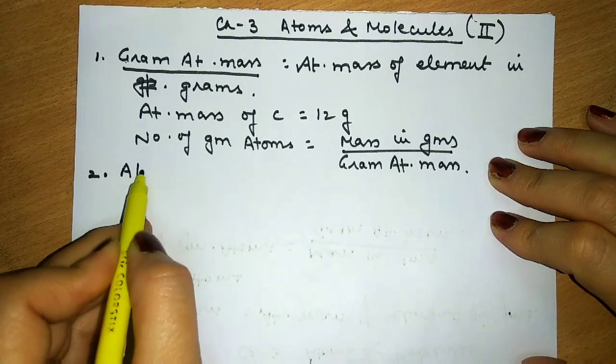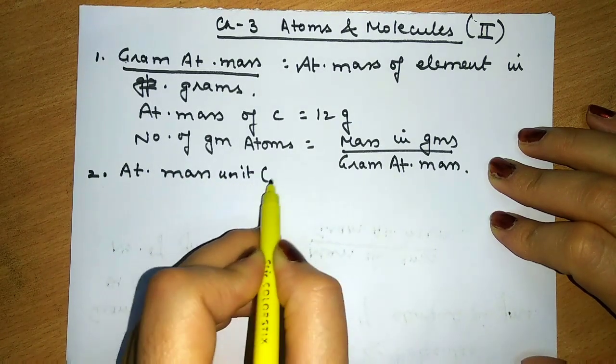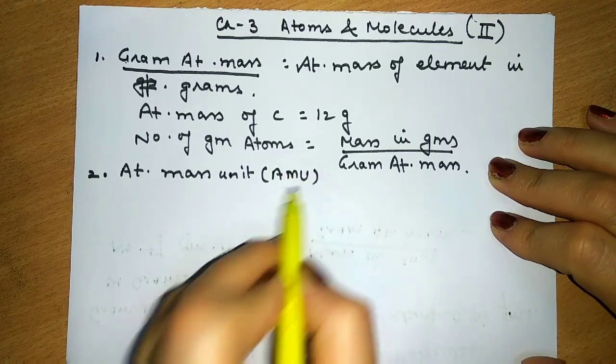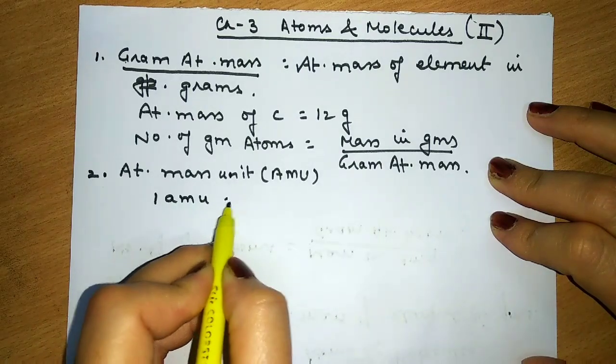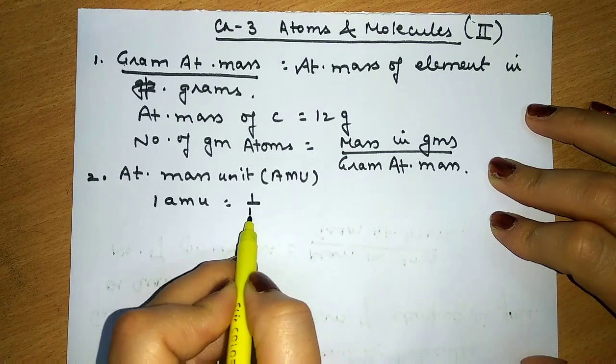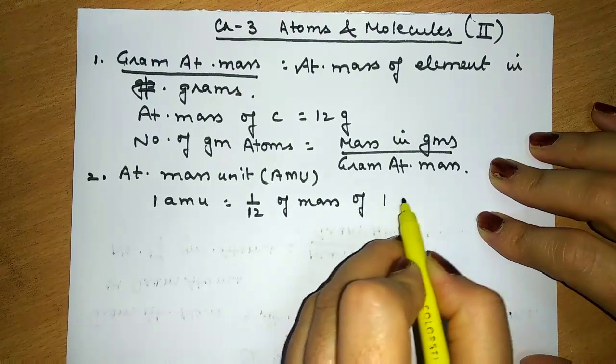The next definition I have is atomic mass unit. We generally call it AMU. What is this? 1 AMU is basically 1/12 of the mass of one carbon atom.